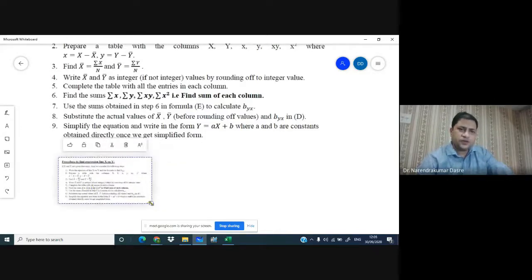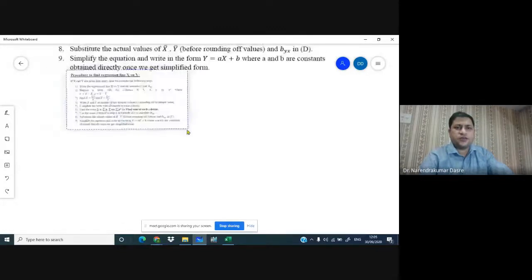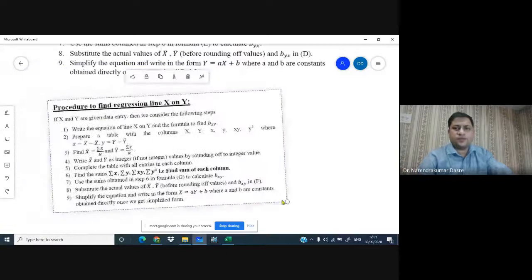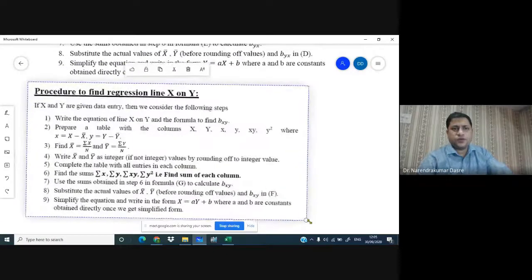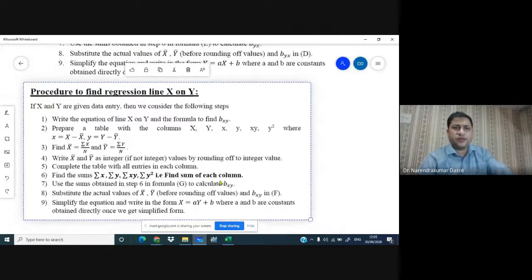So we have the procedure to find the line of regression of x on y. You can see again it is very similar.